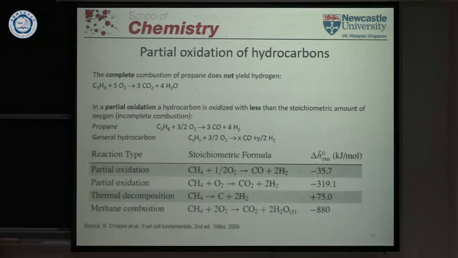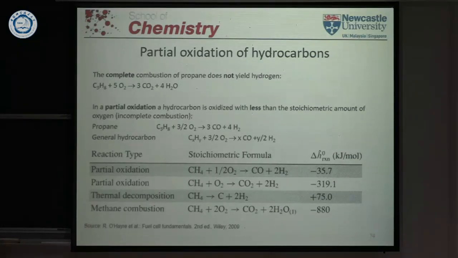Now, having seen the steam reforming reaction, having seen the partial oxidation reaction, the steam reforming being endothermic and the partial oxidation being exothermic, people have then thought, okay, each one is sort of not very convenient.